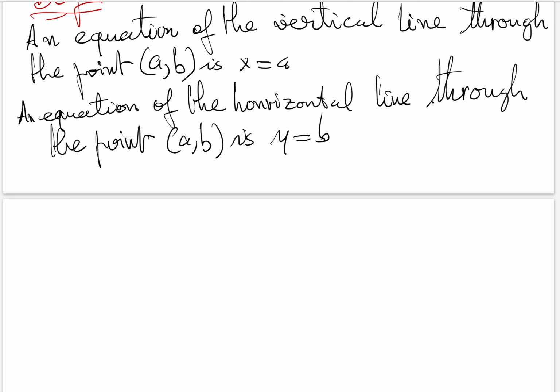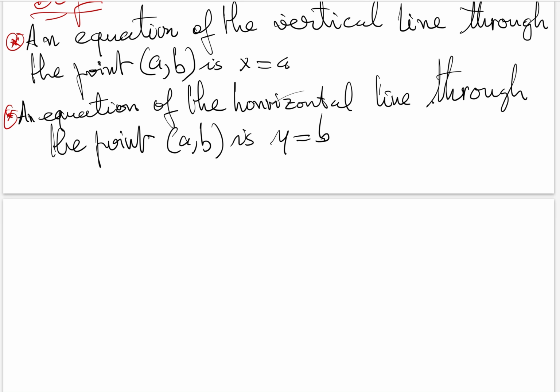So what does it mean? Look here. The equation of the vertical line through that point is when you have x is equal to a. Where is the b? Ask yourself, where is the b? Same thing, the equation of the horizontal line is when you have y is equal to a constant number. That's it. That's your equation. I will tell you later where is x.